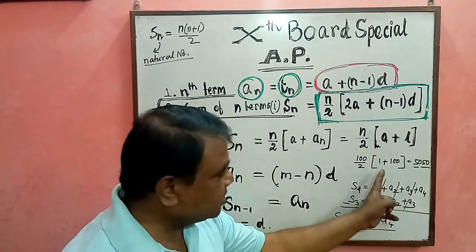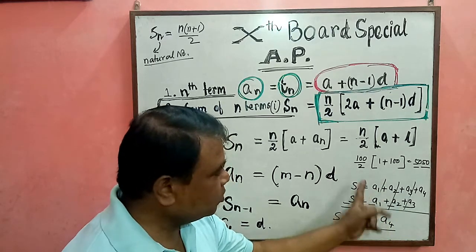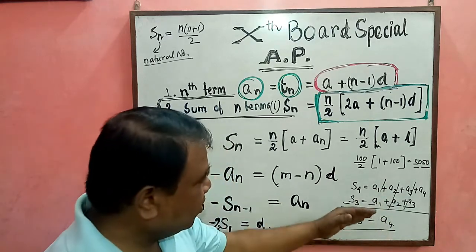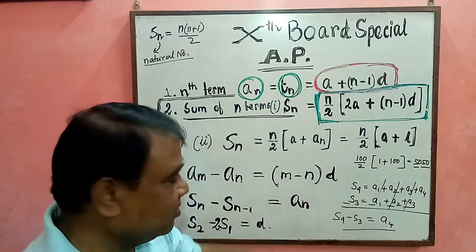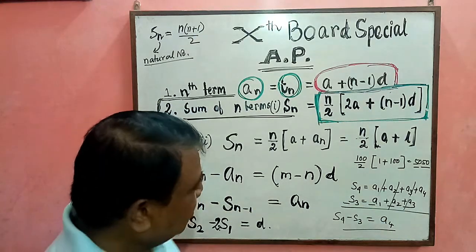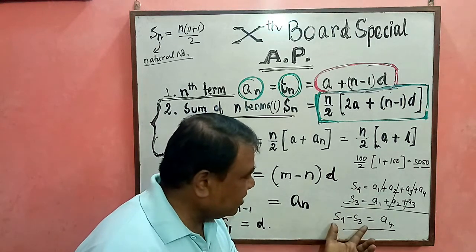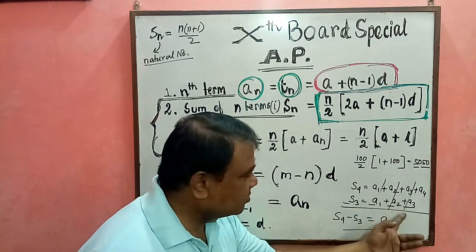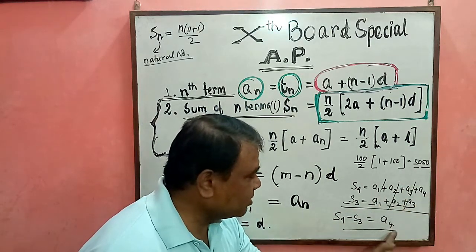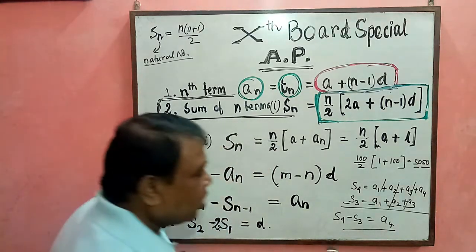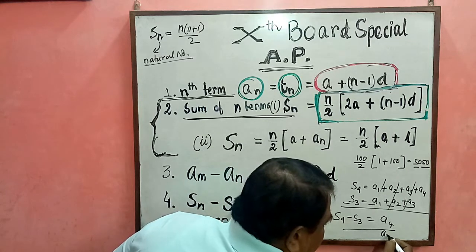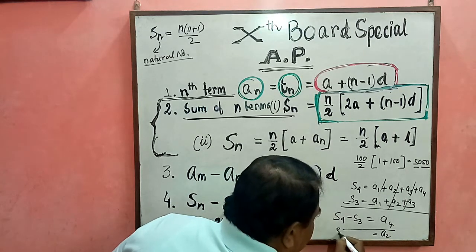If I subtract these 2 sums of 4 terms and 3 terms, S4 minus S3, all this will get cancelled and a4 is there. So a4 is equal to S4 minus S3. Likewise, we can write a2 is equal to S2 minus S1.